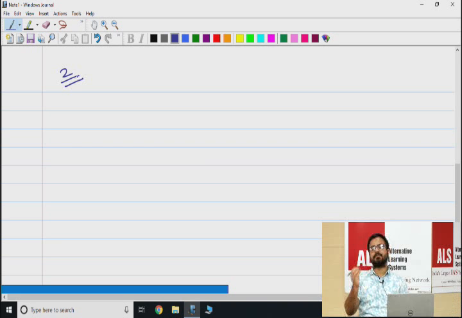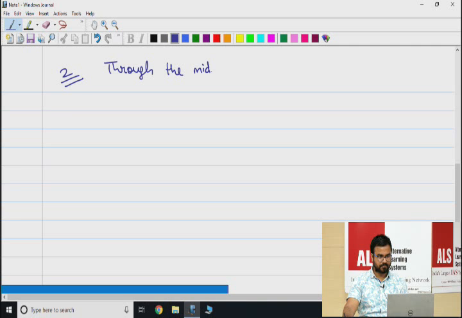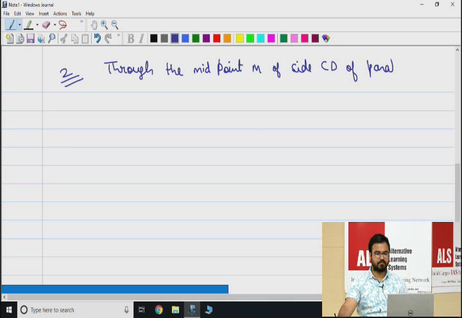Now this question is a little bit of proving type. So diagram is not there with the statement, you have to draw the diagram yourself. It says through the midpoint M of side CD of parallelogram ABCD.